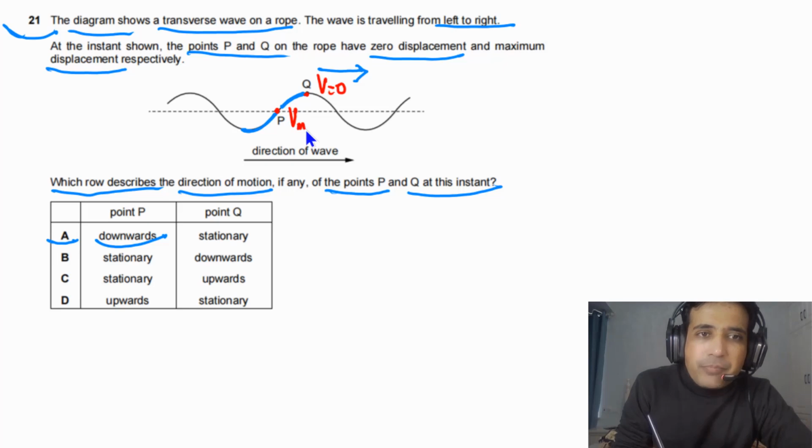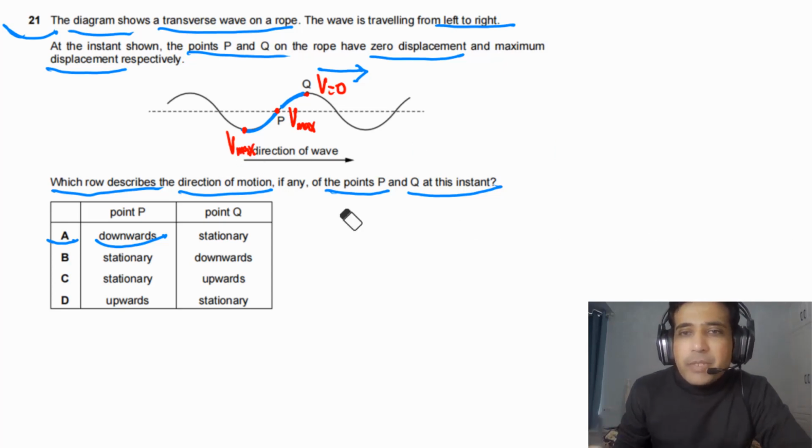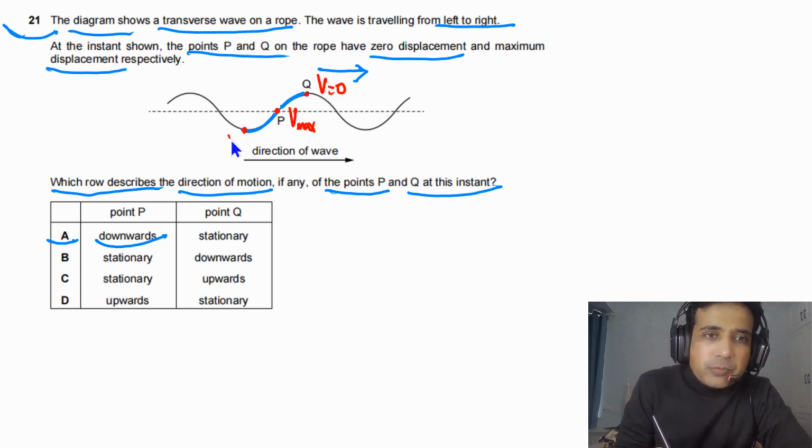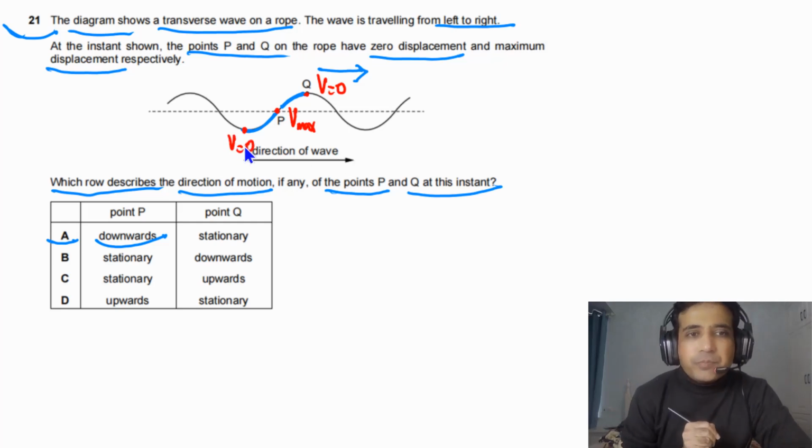So we can say v is maximum. And if the particle is located at the bottom, the speed will be 0, not maximum. At the peak or at the bottom, speed will be 0. So speed here also will be equal to 0. Based on this understanding, we can find the answer.